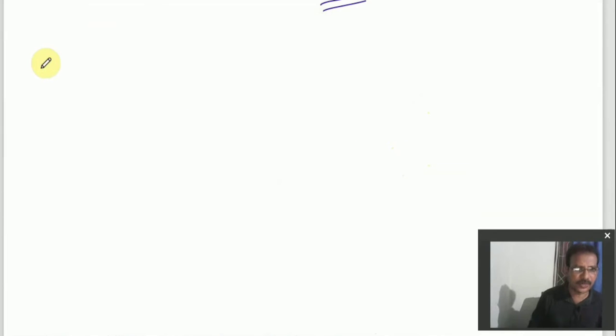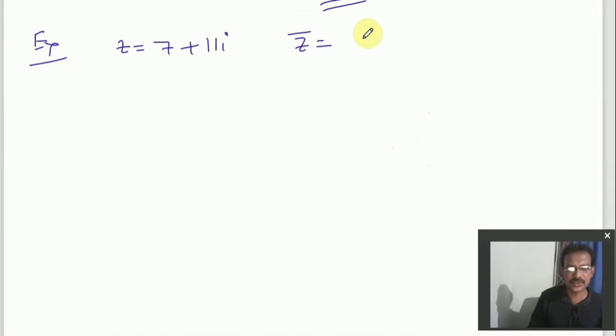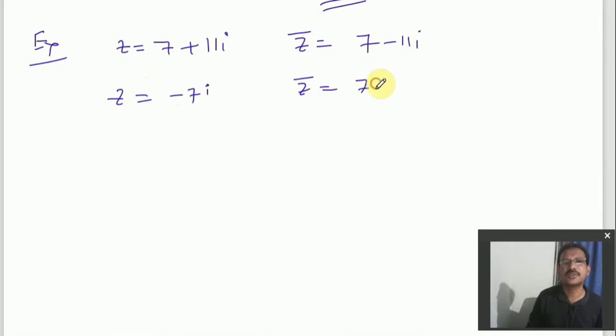For example, if z is equal to 7 plus 11i, z bar, its conjugate, is 7 minus 11i. If z is equal to minus 7i, then z bar is equal to 7i.